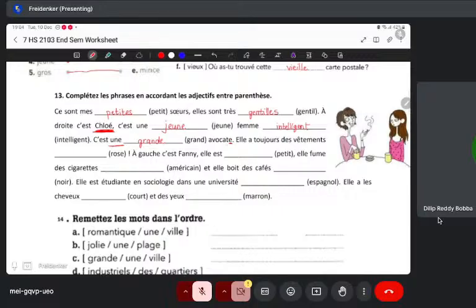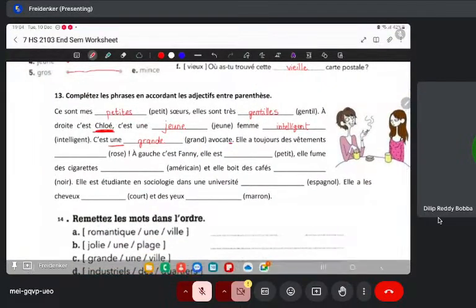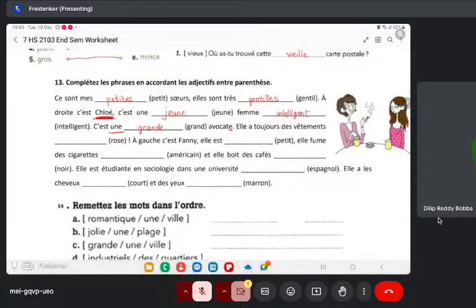Elle a toujours des vêtements... she always has clothes... okay, fine. So rose. So she always has rose-colored clothes, I think. So I told you in adjectives of color, if there's any color that comes from a thing, then that will not change its form.